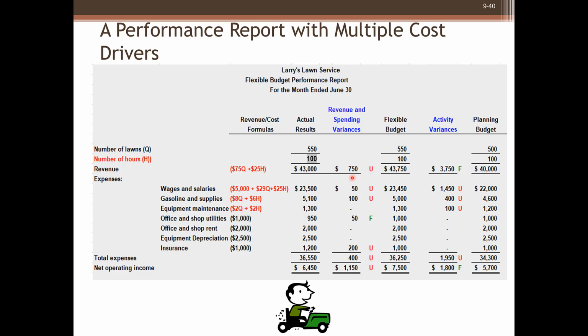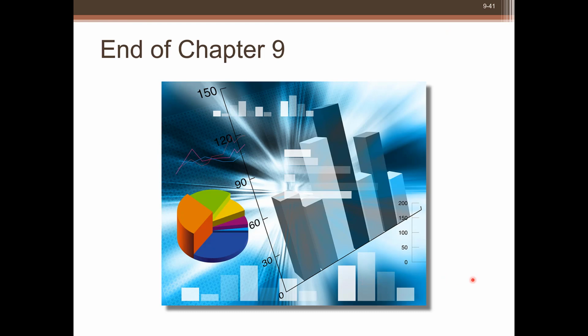Here, revenue variance is unfavorable. Most spending variances are unfavorable too. Overall, net operating income is lower than expected for actual level of 550 lawns mowed and 100 hours spent on edging and trimming. This is the end of chapter 9.